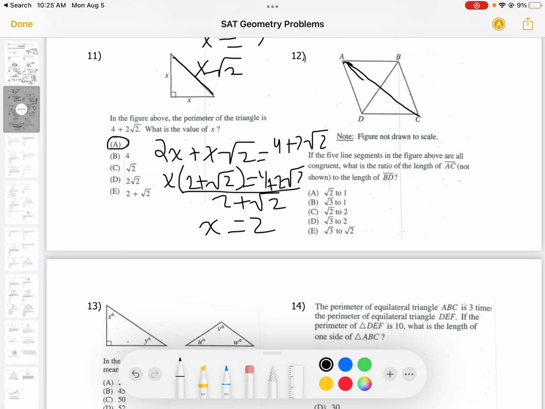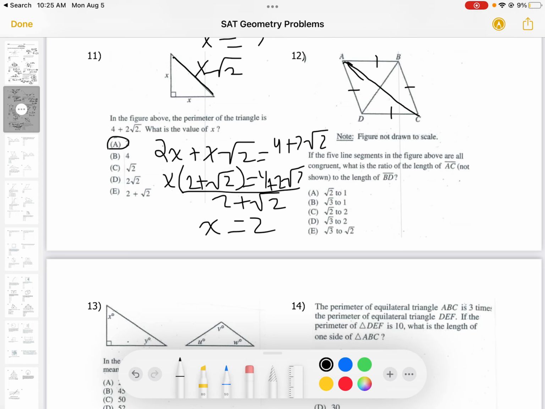Okay, we're told that all these segments are congruent. So 1, 2, 3, 4. All of them. And we want the ratio of the length of AC to BD.